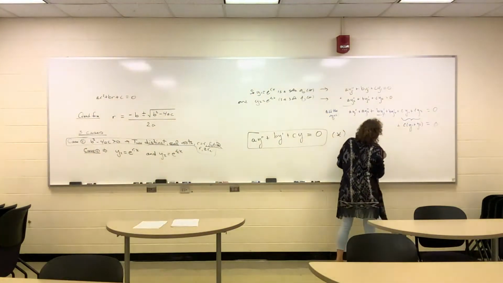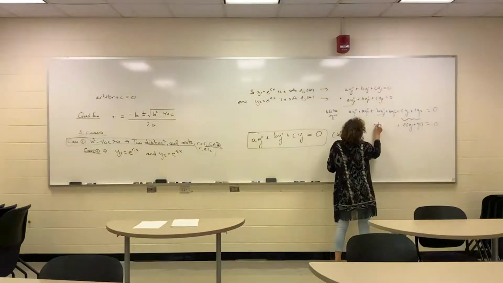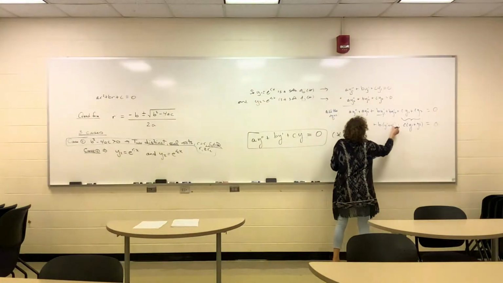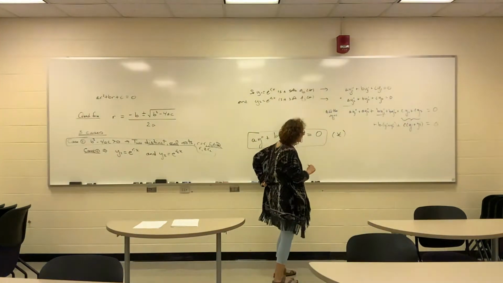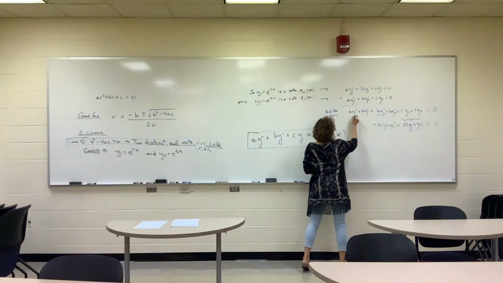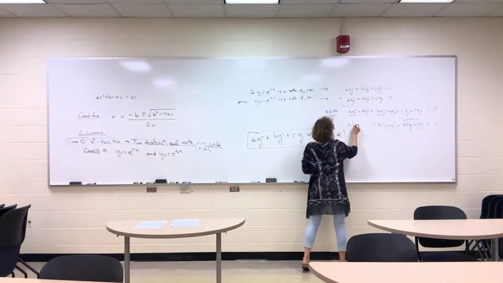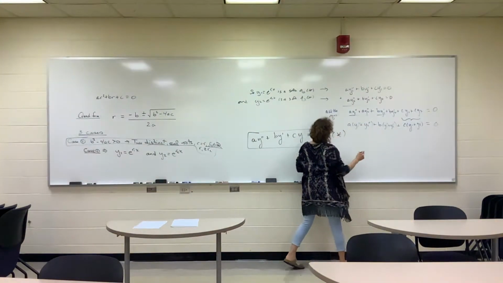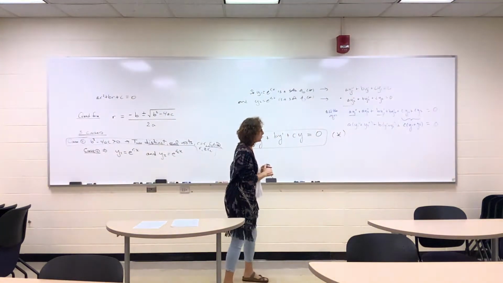These two terms have a b in them, so if I factor the b out, then I have y1 prime plus y2 prime there, yeah? And these two terms have an a in them, so y1 double prime plus y2 double prime. All I did was factor out in each of those little pairs, right?